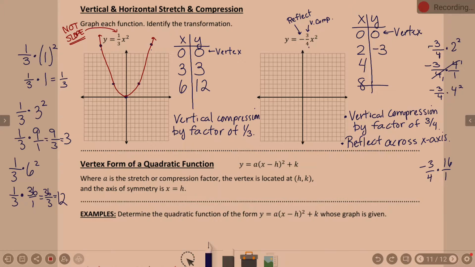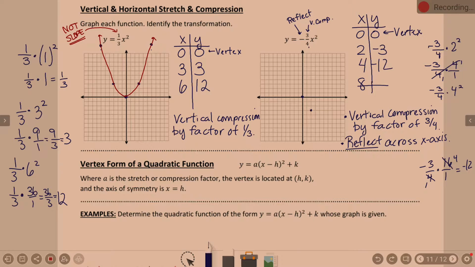They both divide by 4. 2 also, but I'm going to go big. 4 divided by 4 is 1. 16 divided by 4? 4. Negative 3 times 4 is negative 12. Does it make sense these numbers are negatives? Yes, because we're reflecting.